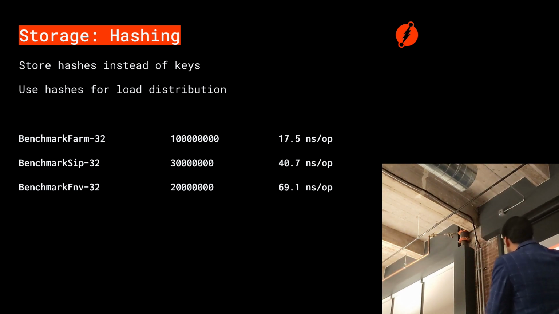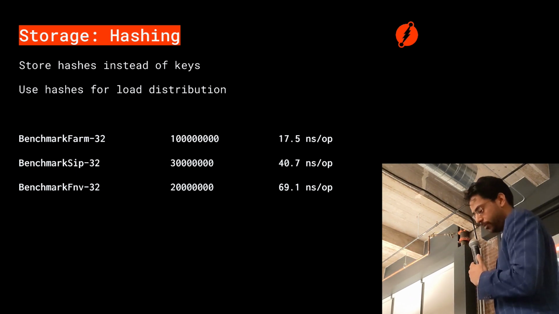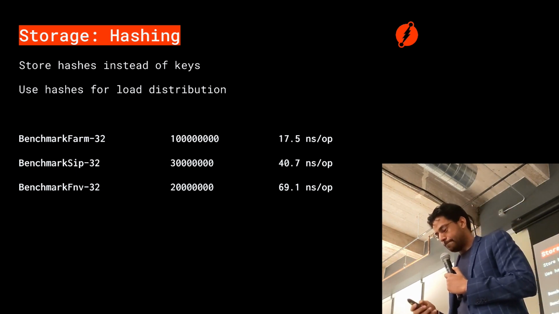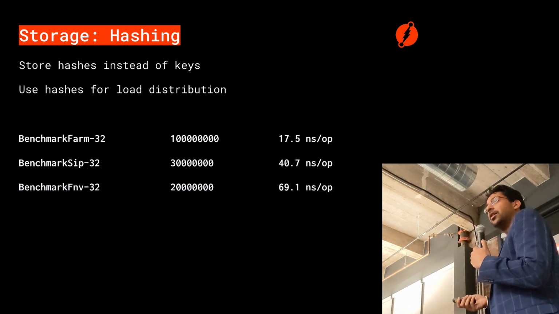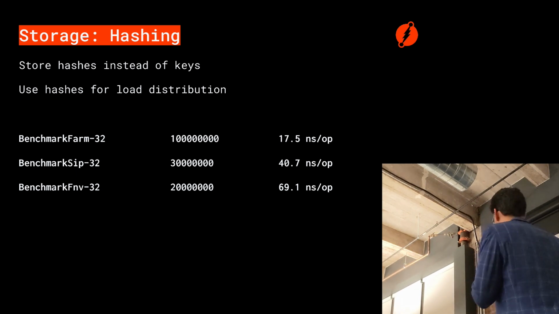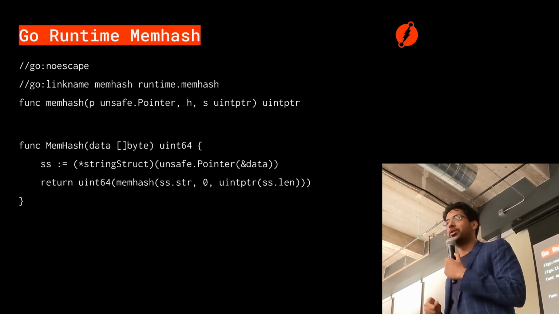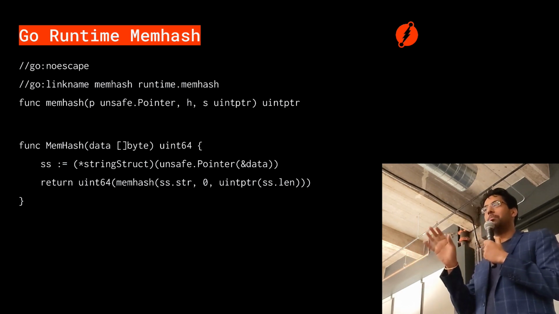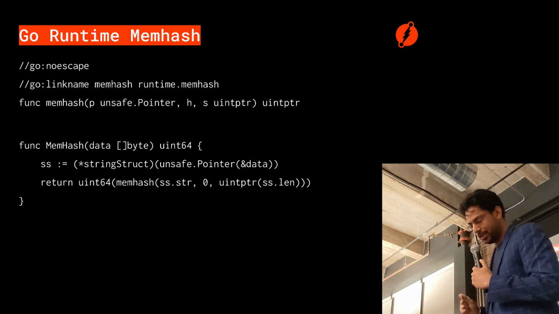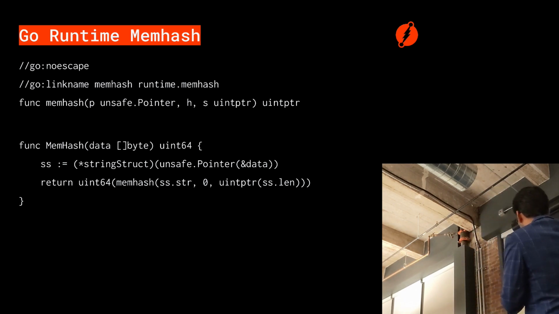One of them was Farm Fingerprint, there is SipHash, FNV, etc., and these are the benchmarks that we got from them. Then we stumbled upon an approach which hooks into Go runtime's memhash, which is used internally by the Go runtime. And this is the code that can let you use that.